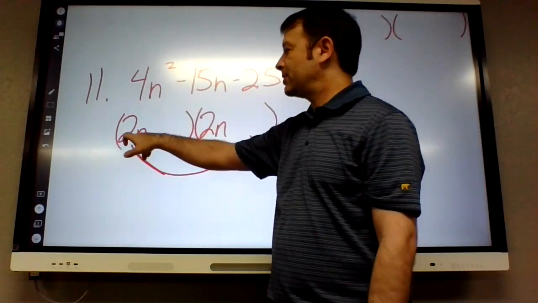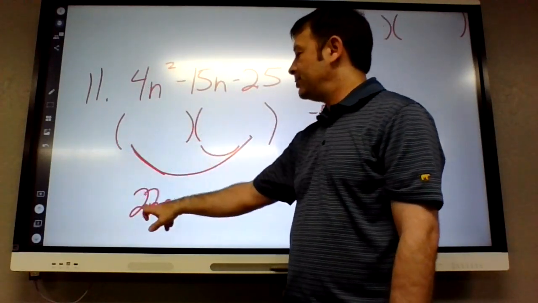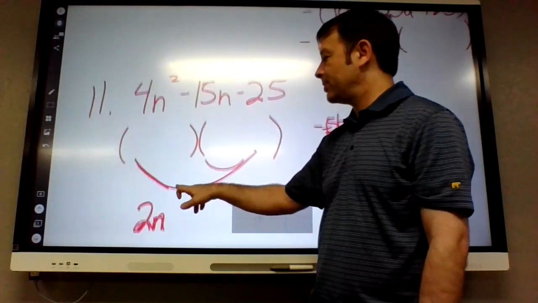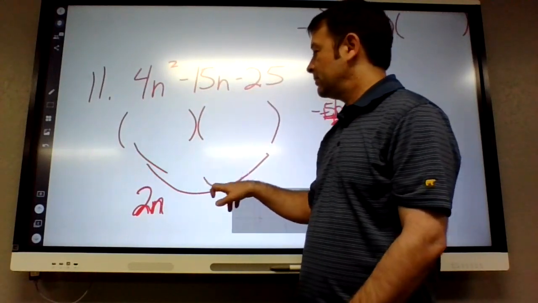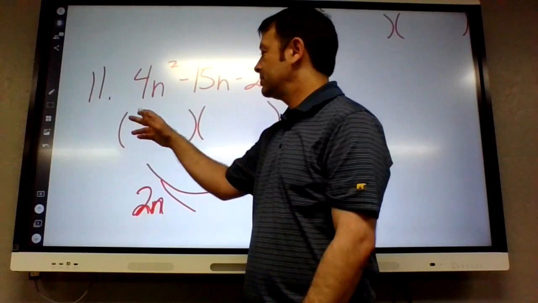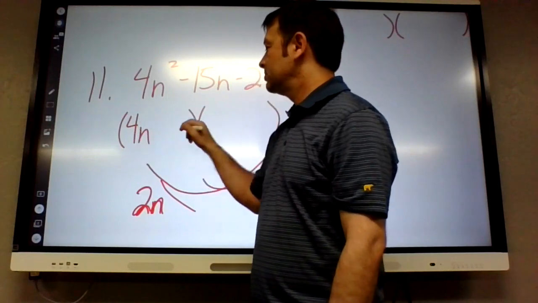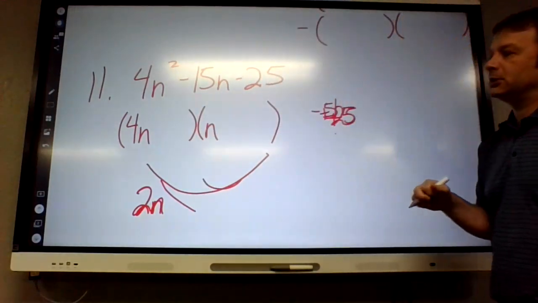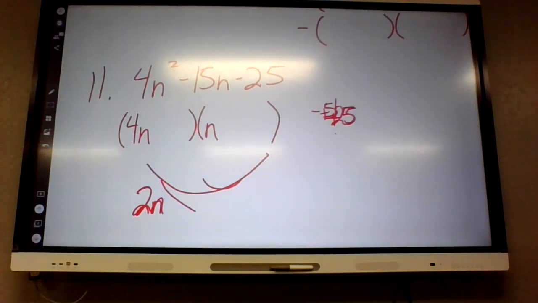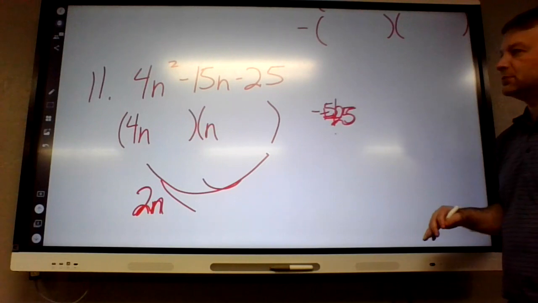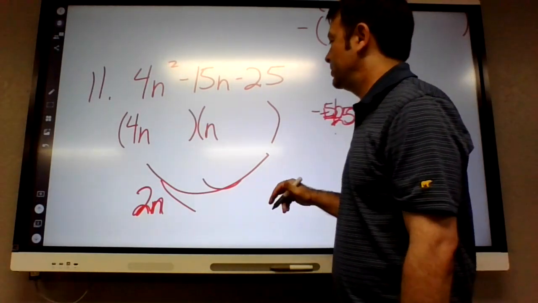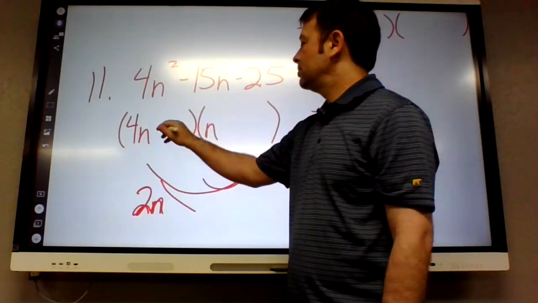So I have to go back and look at these n's. If 2n and 2n doesn't work, what else might work? 4n times n, yes. And it will work. What goes into 25? 5 and -5.